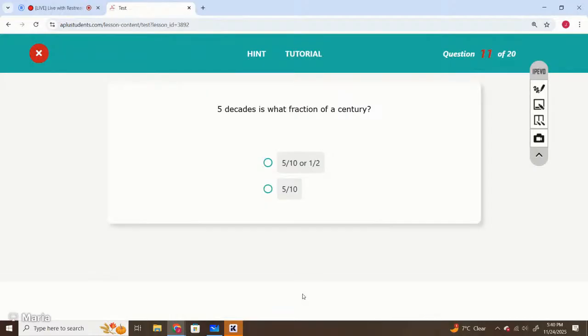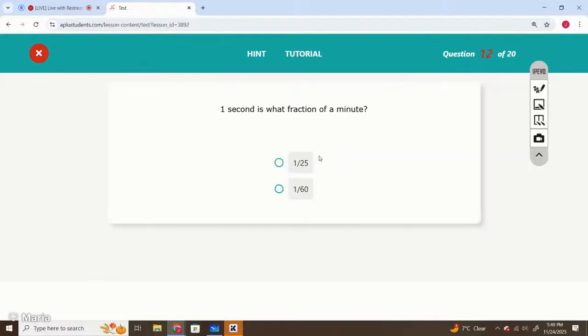5 decades is what fraction of a century? That is 5 by 10 or 1 by 2.